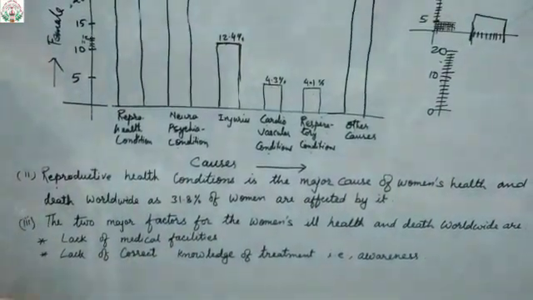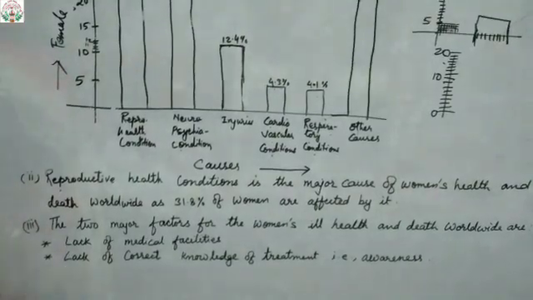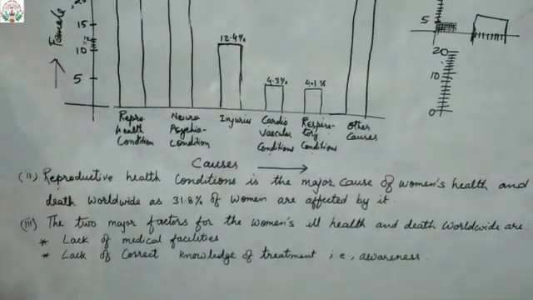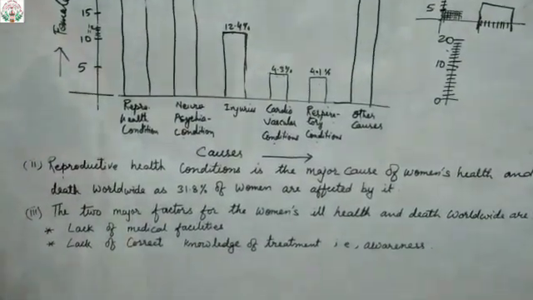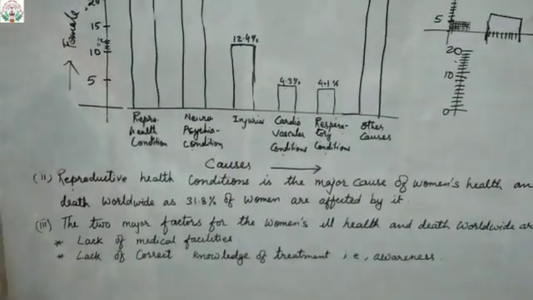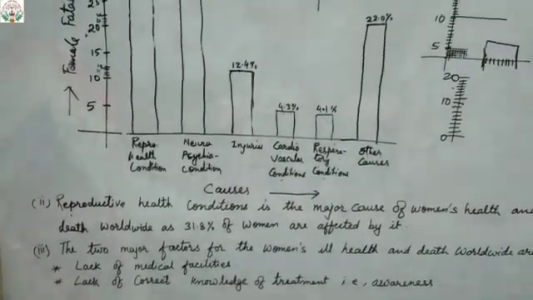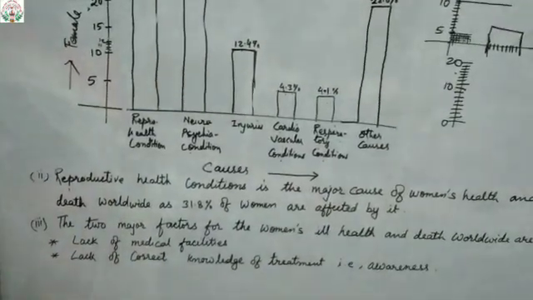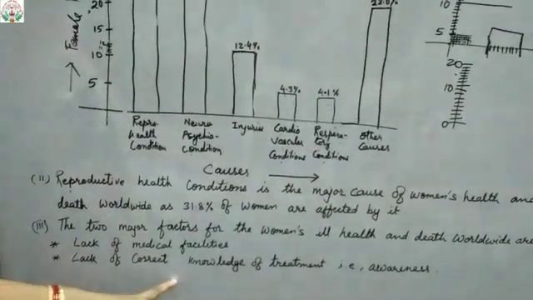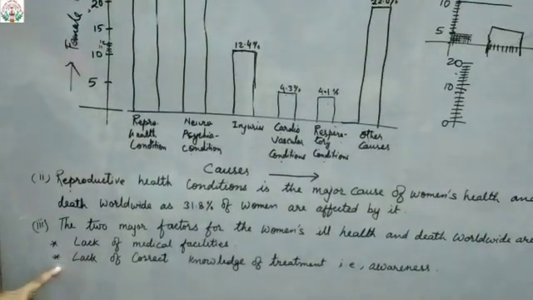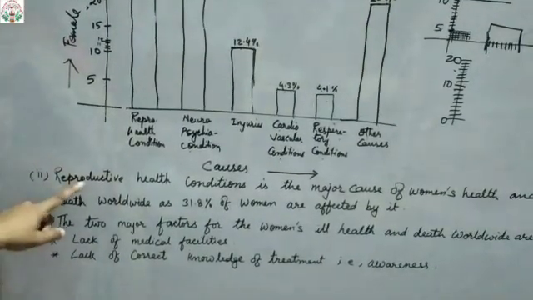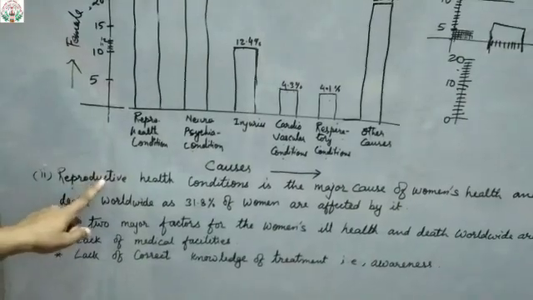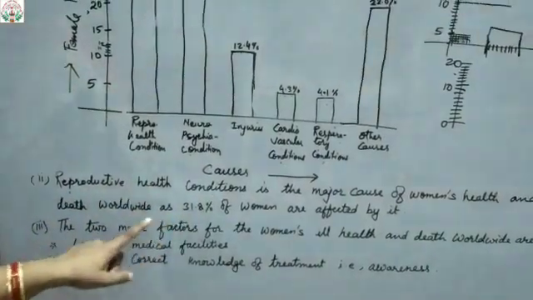That means the treatment given to that lady may not be proper. Or awareness of food, how to maintain health. If all this information is not given to the lady, then the woman may die. So these two may be the causes of death in reproductive health conditions.